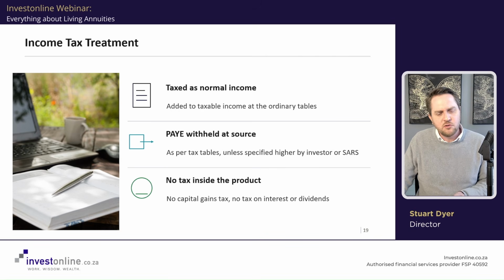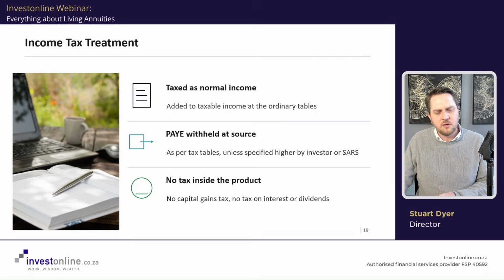And as Nick mentioned earlier, when it came to switching, there's no tax inside the product. So the product itself is tax exempt as an investment instrument. So any interest income, capital gains earned within the funds or shares, ETFs, whatever it may be within the product is tax exempt.